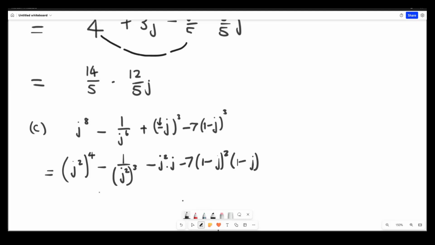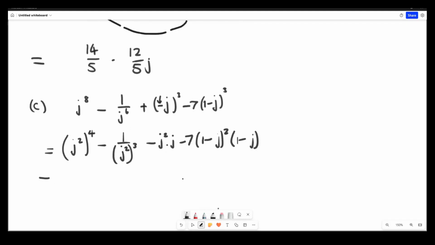So I'm going to do it all for you guys. So this is minus 1 to the 4, which gives you 1. And here you've got minus 1, so j squared is minus, so it's plus 1. And then j squared is minus times minus a plus, so it's plus j.